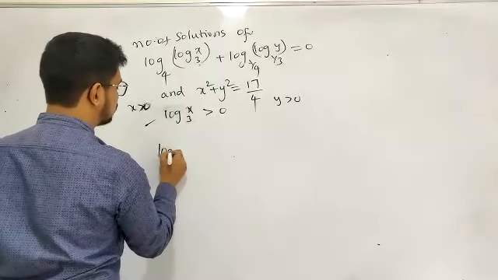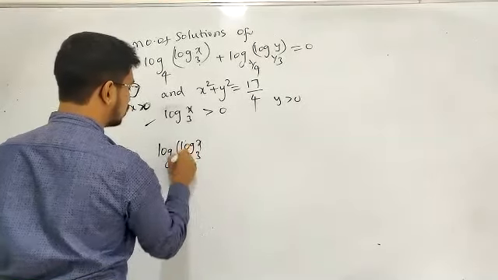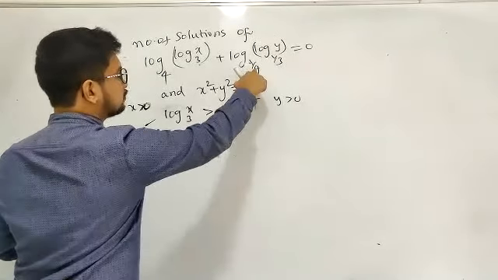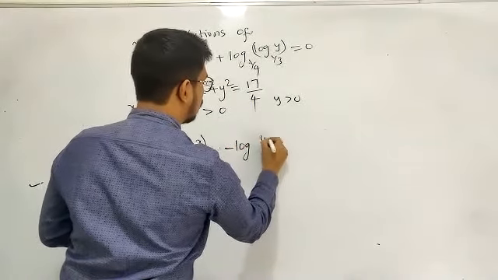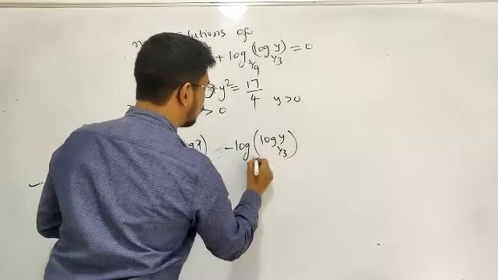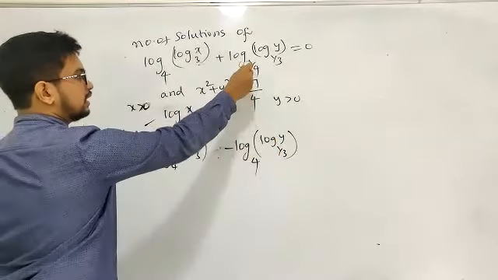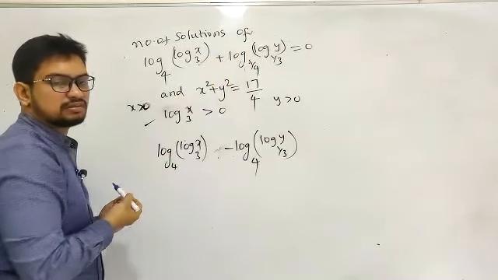If I try to simplify that, this is log of log x to the base 3 to the base 4 plus this is 1 by 4. So I'm writing it as minus log of log y to the base of 1 by 3 to the base of 4. I'm writing it as 4 power minus 1, and that minus 1 is given to this coefficient.